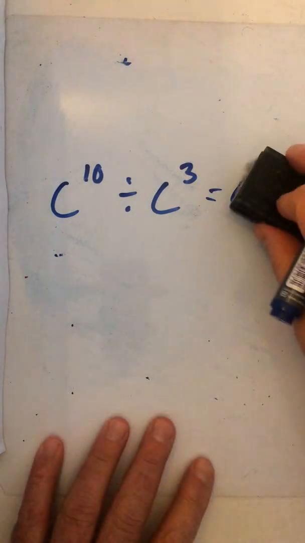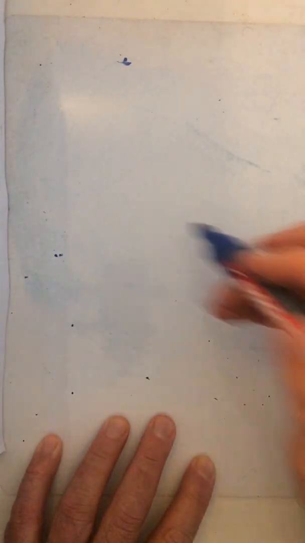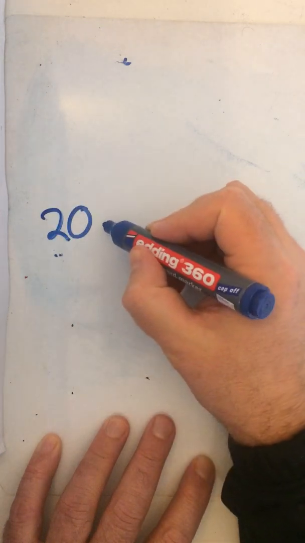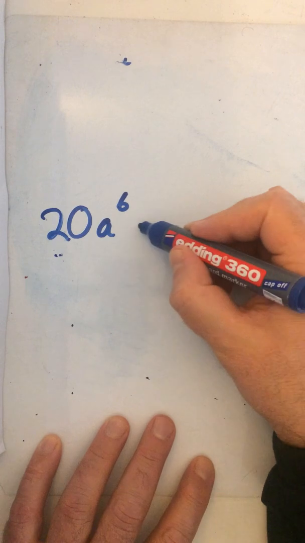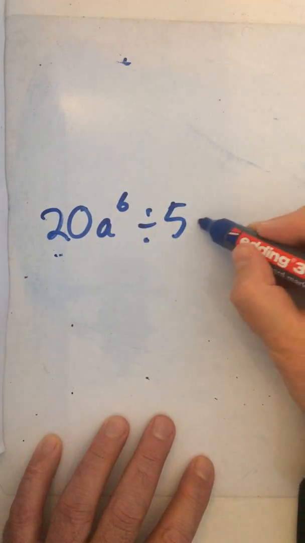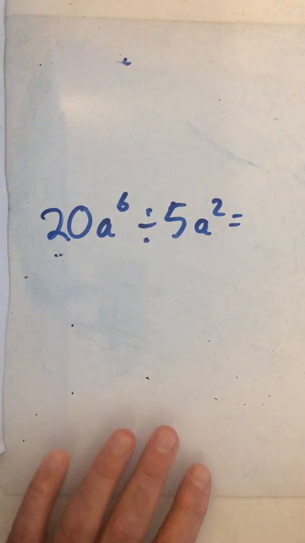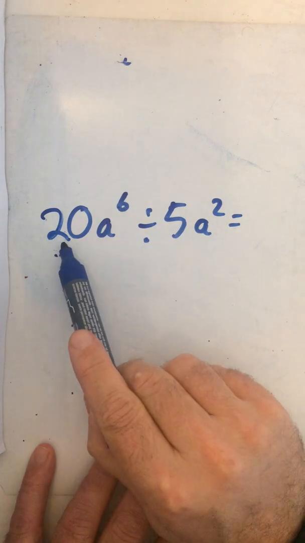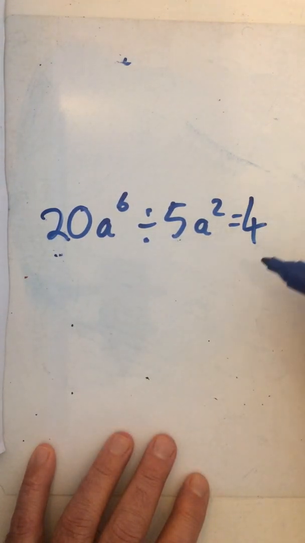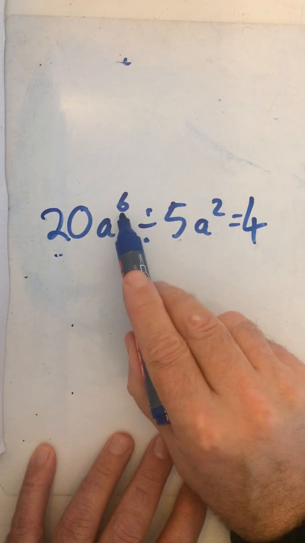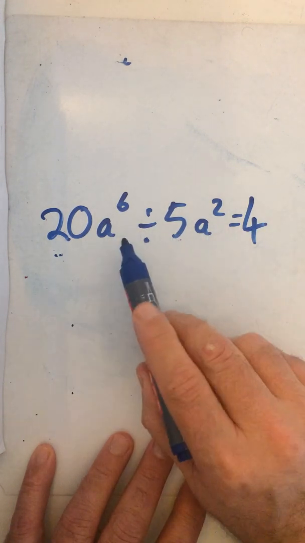And we can throw in some numbers there as well. So you could have 20a to the power of 6 divided by 5a to the power of 2. We're going to do our whole numbers first. 20 divided by 5. How many 5s in 20? 4. Then a to the power of 6 divided by a to the power of 2.